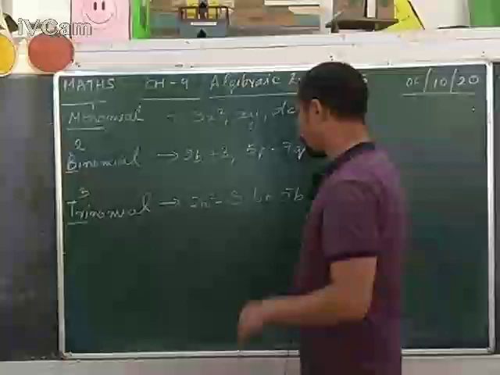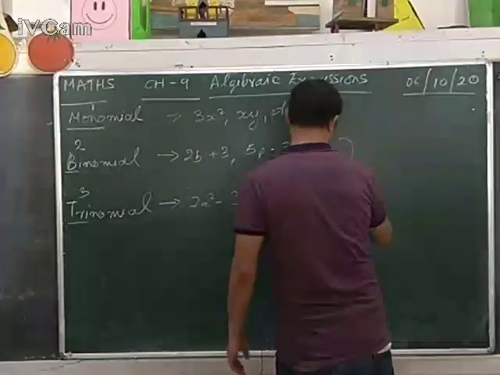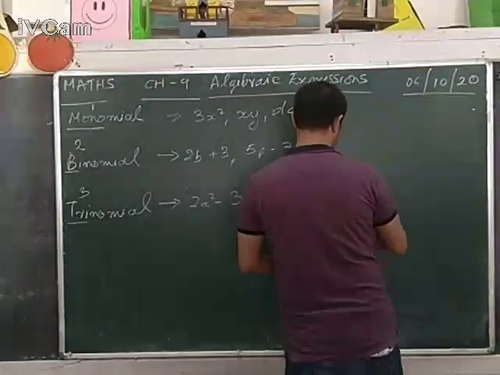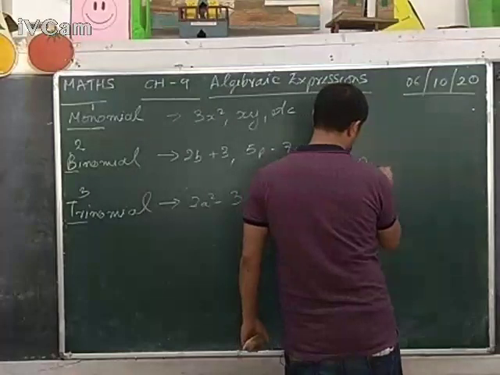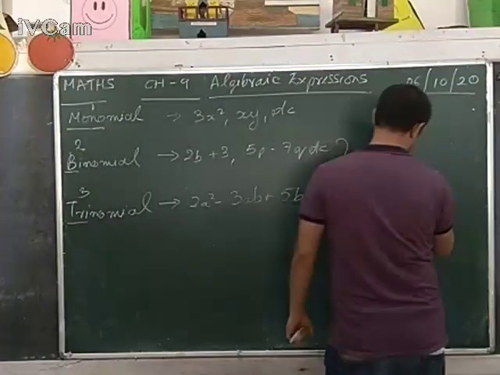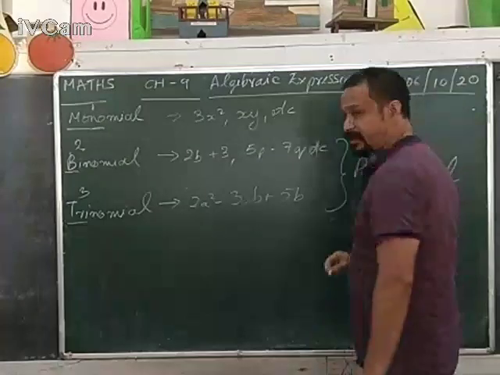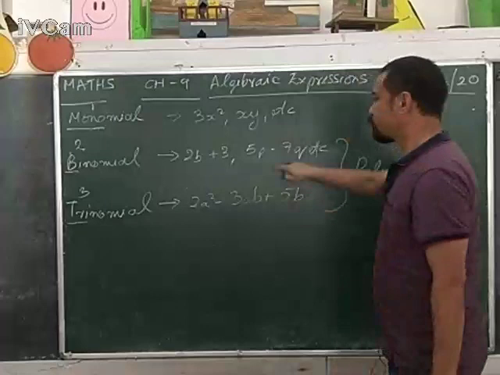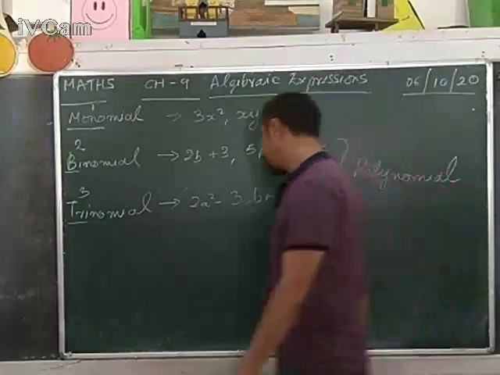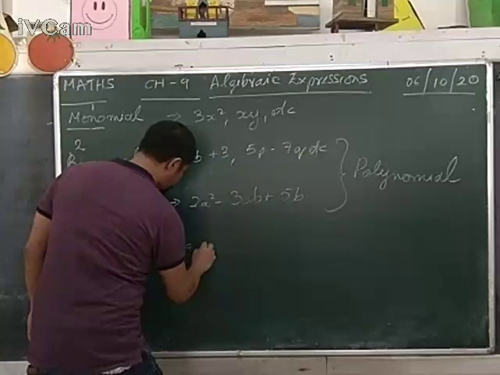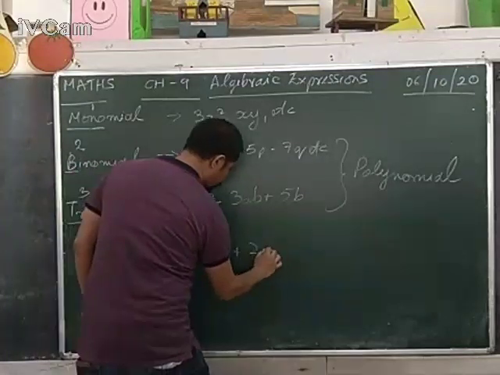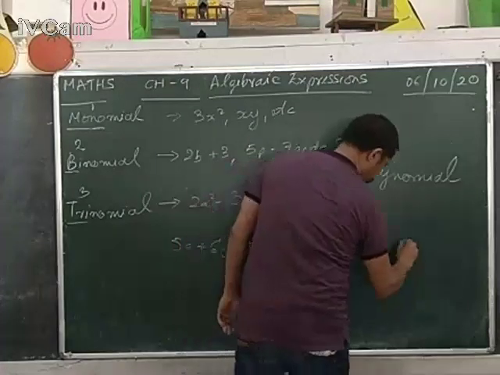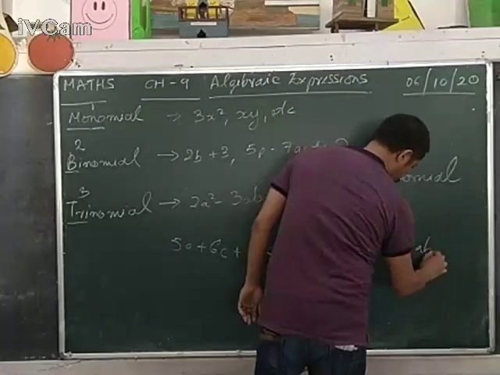or more. So see, now we come to the term called polynomial. Poly means what? Poly means many. So any algebraic expression which is more than 2 terms. Sometimes we have many terms, like 5a plus 6c plus 2xy plus a square b plus 7 plus 26abc.